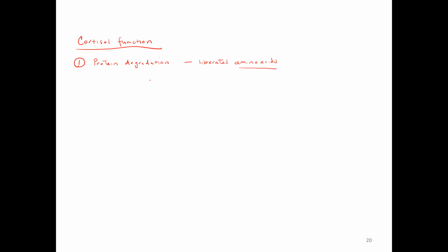And we said specifically, we're talking about the bulk of this activity happening within muscle tissue, and as those proteins are broken down, it liberates amino acids, and that frees the amino acids up to be used elsewhere. The second major activity that we can associate with cortisol function is glucose formation.